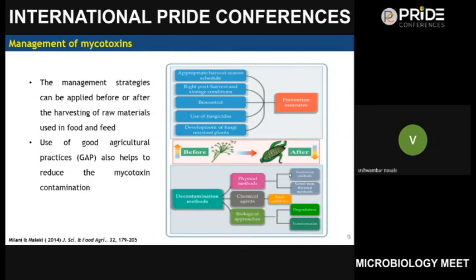Even at pre-harvest times, a proper harvesting strategy also helps manage this mycotoxin contamination. So an appropriate harvest season and schedule, right post-harvest and storage conditions, biocontrol agents, and limited use of fungicides also help to manage or prevent mycotoxin production.